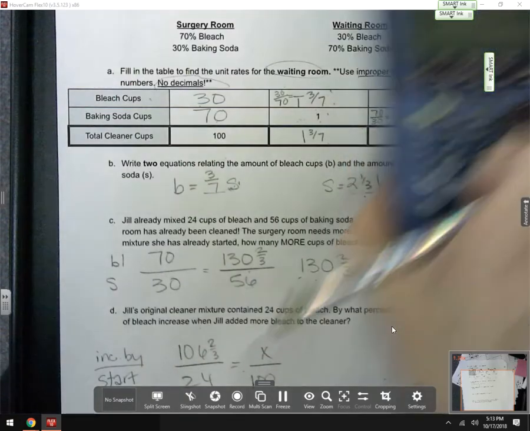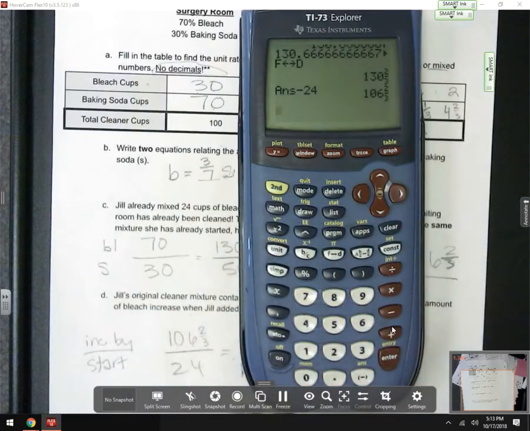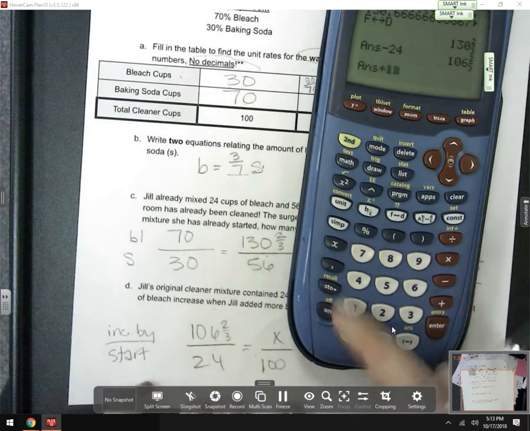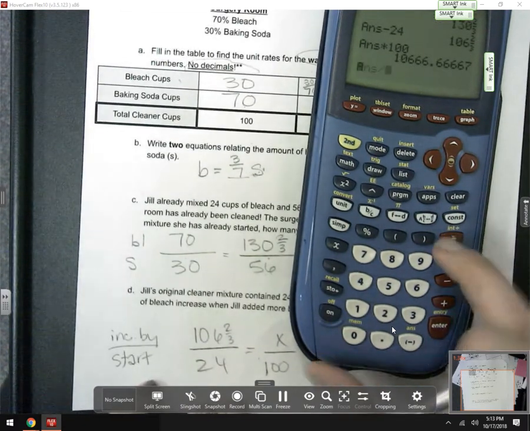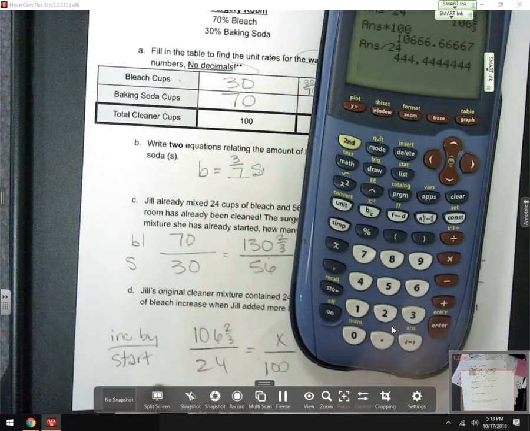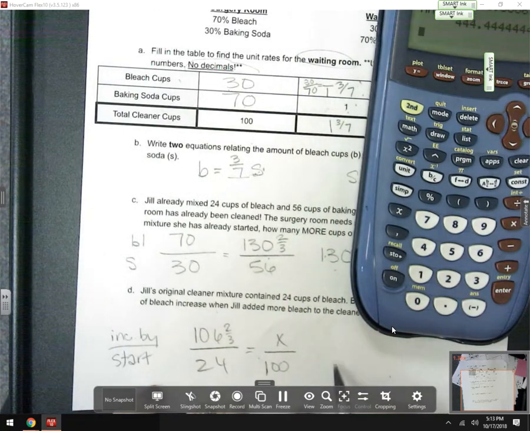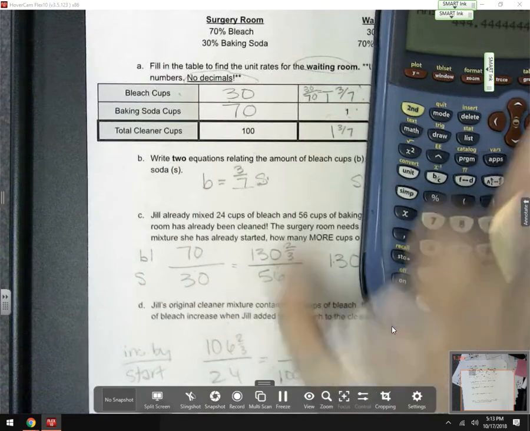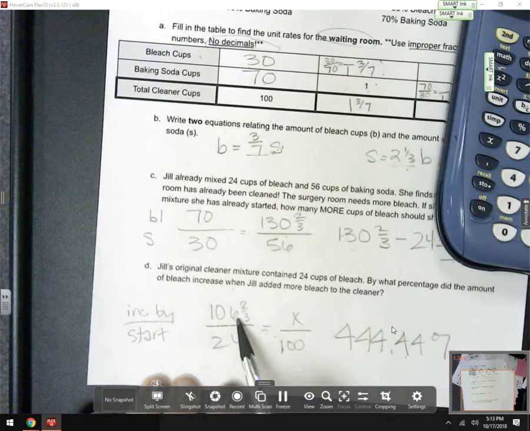So I've already got my 106 and 2/3 in there. So I'm going to do 106 and 2/3 times 100 divided by 24, which tells me that it increased by 444.44%. That seems like a really big percent, but if you think about it, it got 4 times bigger, right?